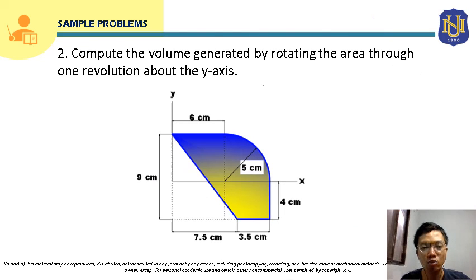Now let's proceed to problem number 2. Compute the volume generated by rotating the area through one revolution about the y-axis. So this is the shaded area, and we are going to revolve this shaded area about the y-axis.